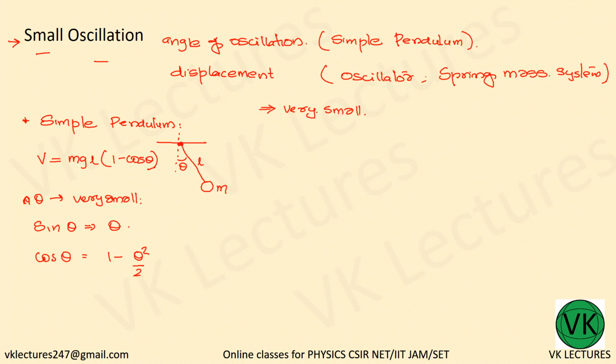So 1 minus cos theta will be equal to theta square by 2. So you can replace sin theta by theta and 1 minus cos theta by theta square by 2. So we can understand that V is equal to mgL into theta square by 2.